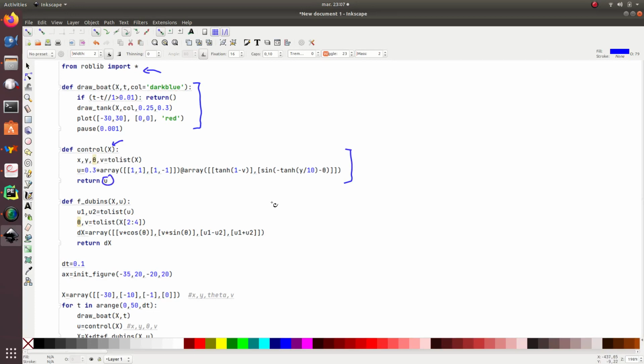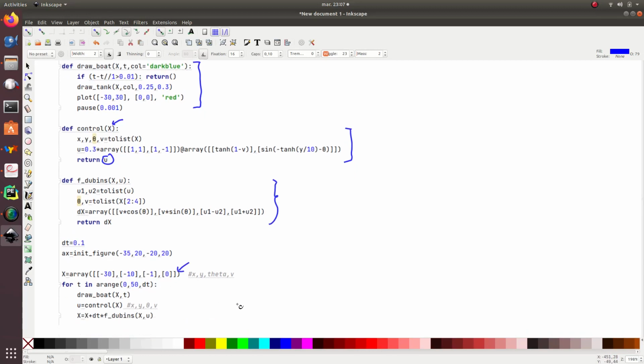For the simulation, I need some state equation for the Dubins car that are given here. Here it is my initial state, and I have a loop with an Euler integration scheme that will simulate my Dubins car just to check the behavior of the controller.